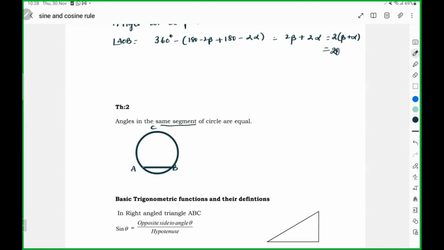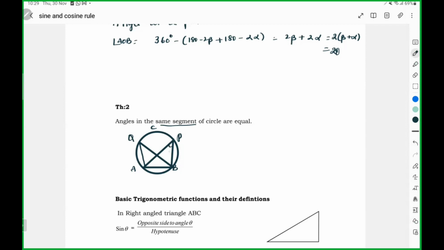Same segment means in this segment, at the end, if you draw chords, they meet the circumference at, let us say, P. Here is Q. So here P and Q are angles in the same segment.